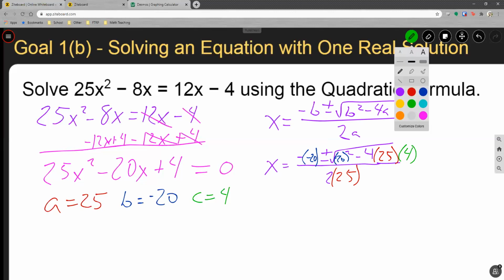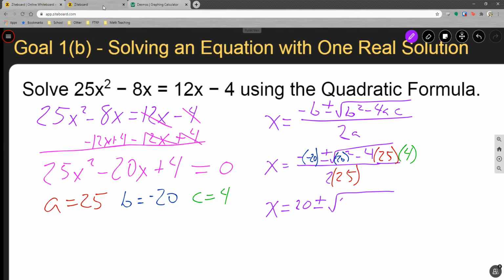All right, let's work this out. This is a little bit more, maybe some calculator work. No big deal though. Negative of -20 becomes +20, plus or minus. -20 squared becomes 400. Minus 4 times 25 times 4. 4 times 25 is 100, times 4 is going to be 400. All over 2 times 25, which is 50. We're almost done.